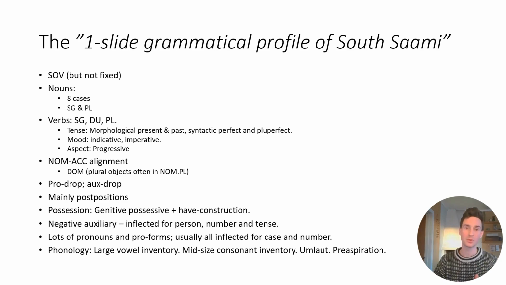So if a plural object is marked with the nominative, which is by far more frequent in the language and in the data, the object receives an indefinite or unspecific reading, like I read books. If I mark the plural object with the accusative, then the reading becomes specific or definite, like I have read these books.